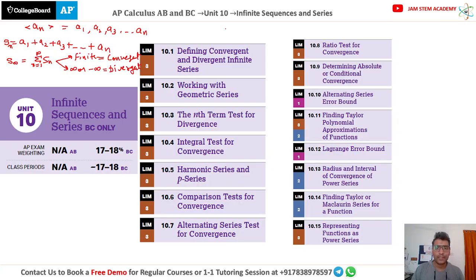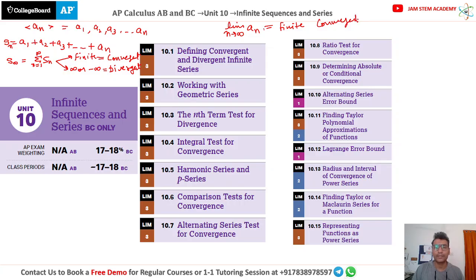Same for the sequence. If I find the limit as n tends to infinity of the nth term of the sequence, not the series, and it comes out as a finite number, then we call it convergent.